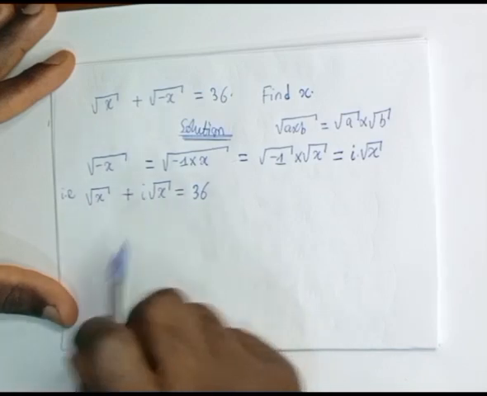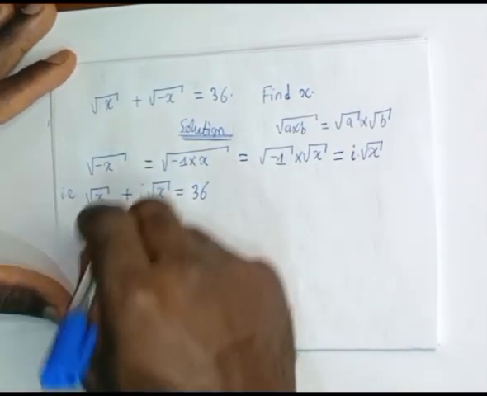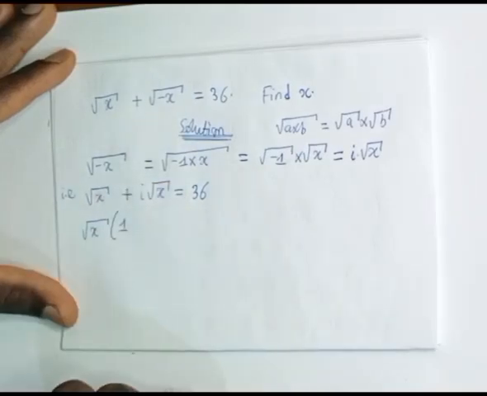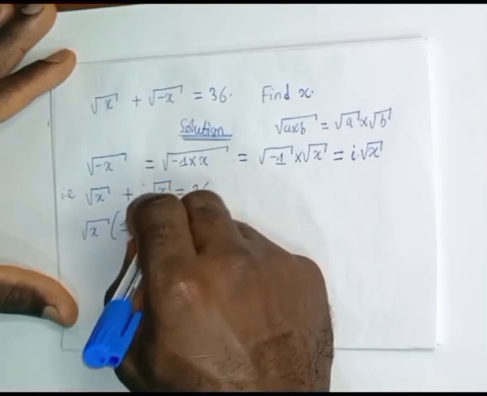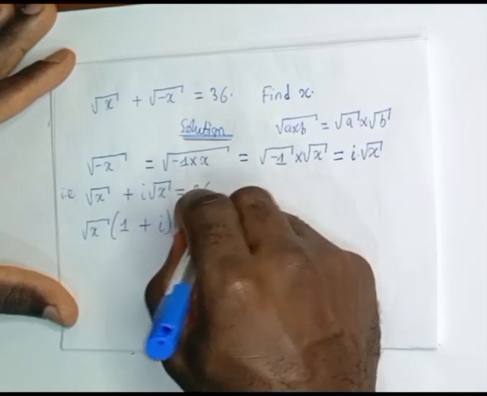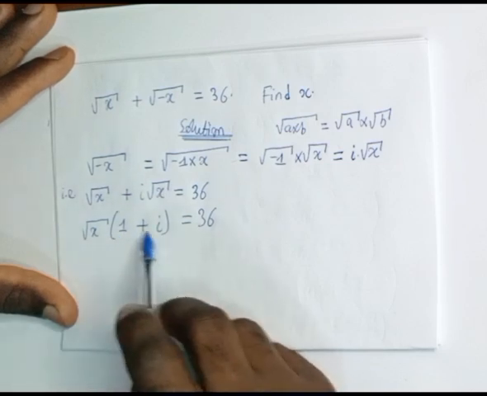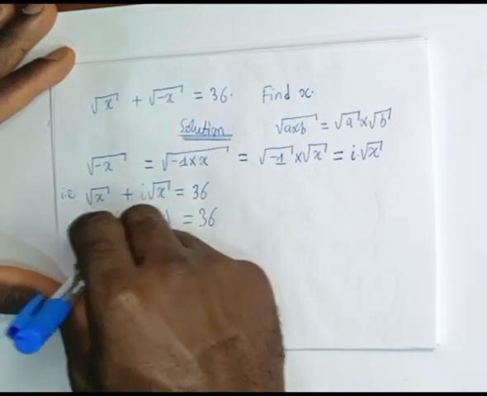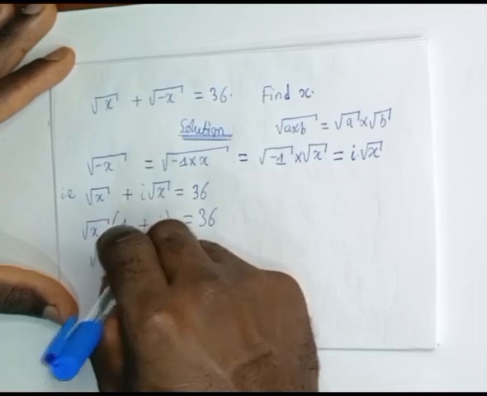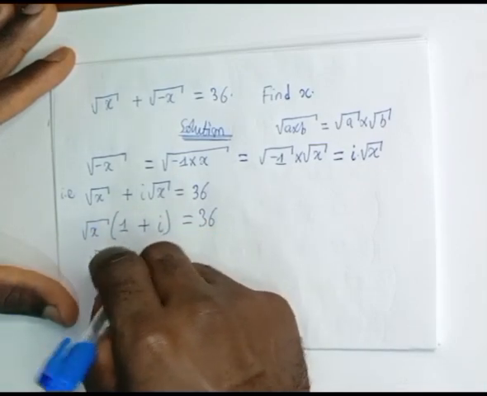At the left hand side, we are going to factor out root x. Root x times 1 gives root x, plus root x times i gives us i root x. We equate this to 36. We are looking for x. We are going to divide both sides by 1 plus i.